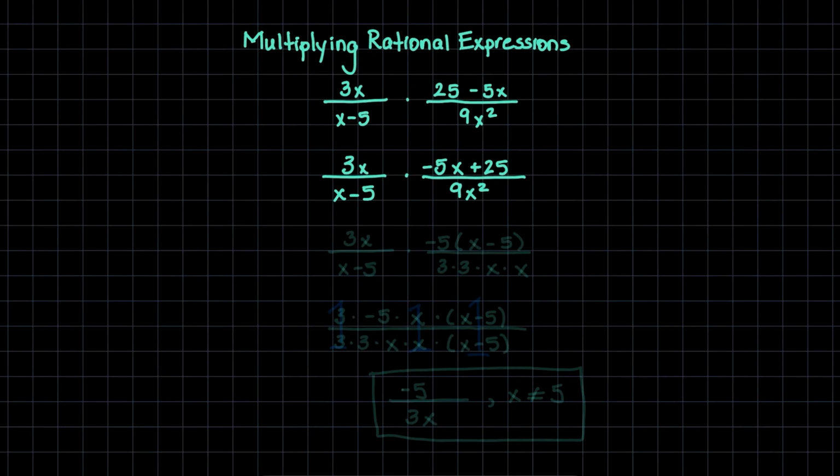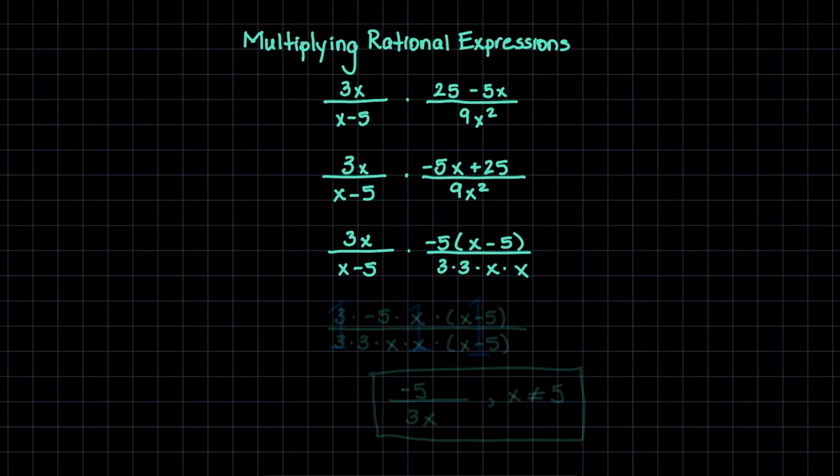Now I'm going to go and factor what I can factor. 3x is prime. X minus 5 is prime. I can factor out a negative 5 in this numerator, and I'm left with x minus 5 all over 3 times 3, x times x. Everything is factored completely. Now I'm going to go ahead and multiply straight across.